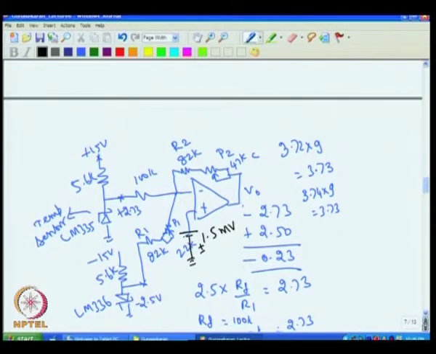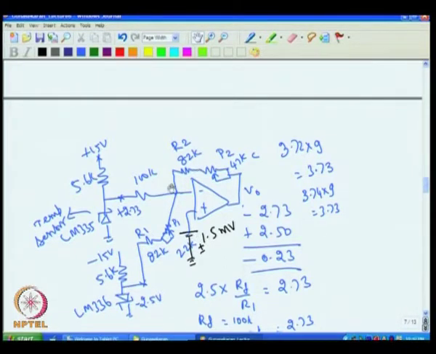Now, to find that, I have to ground this and see how much times it is amplified at the output. This resistance is around 100K, and then you have here 100K. If I take this also nearly 100K, then if I ground this and this, these two resistances are coming in parallel, and we find out what will be the effect of this.